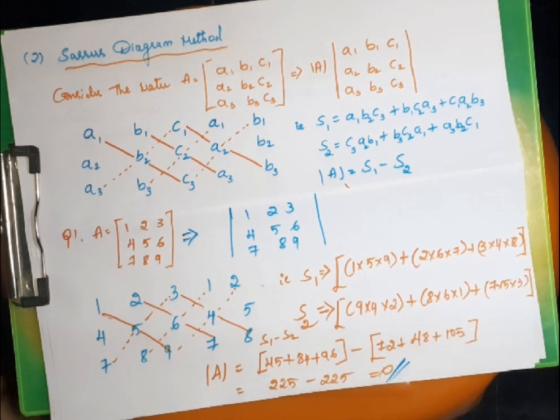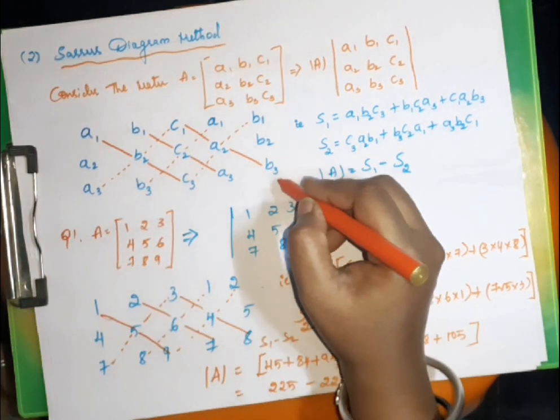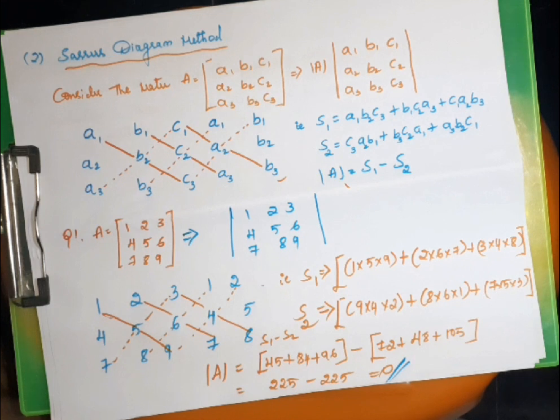So very simple. You have to keep this in mind when it comes to Sarrus diagram method. And when it comes to the minor expansion method, you have to remember the basic things. If you can remember that concept, you can solve any sum without much difficulty.